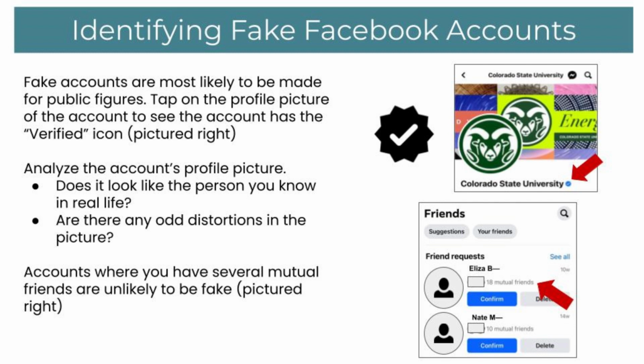Another way to see if an account is real is to see if you have any mutual friends with the user. A mutual friend means that one or more of your current Facebook friends is friends with the person who sent you a friend request. You will notice under the person's name, it may say 6 mutual friends, or any number of mutual friends. Accounts where you have several mutual friends are unlikely to be fake.